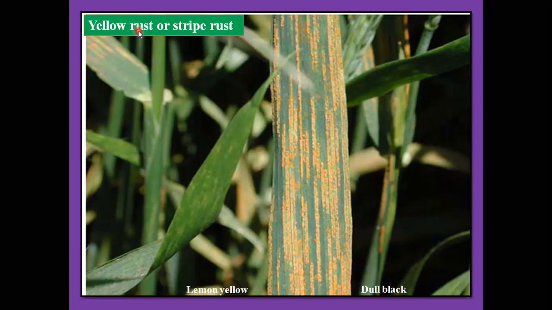This yellow rust is also seen on the leaf more than on the leaf sheath or stem.